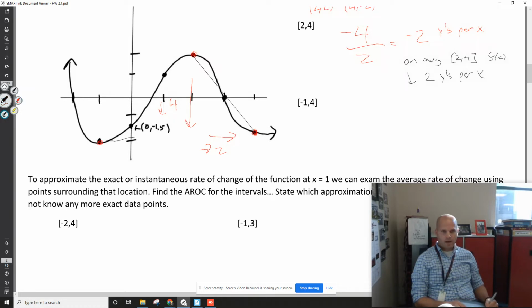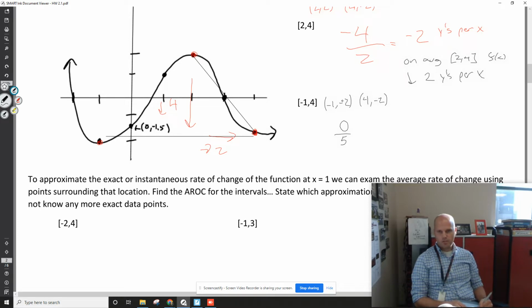If you're talking about overall from -1 to 4, since you have no change in y, you'd say on average, I didn't go up at all. So I went up 0, I went down 0 over the course of 1, 2, 3, 4, 5.